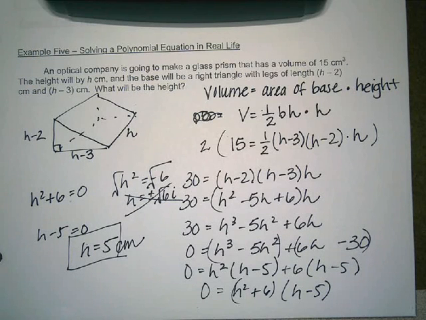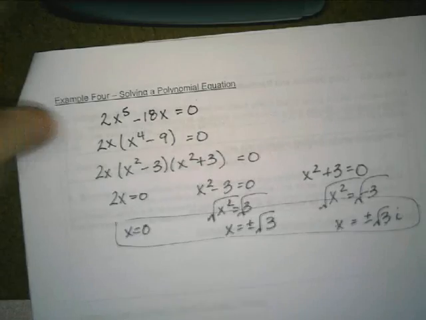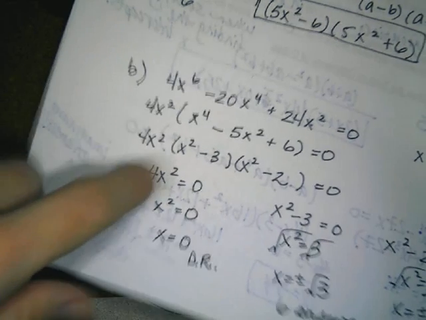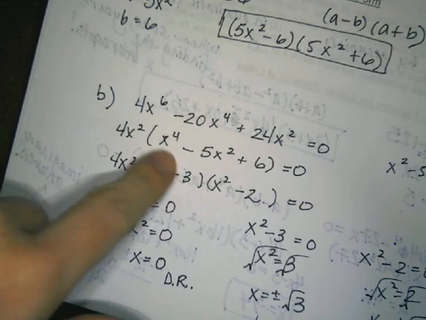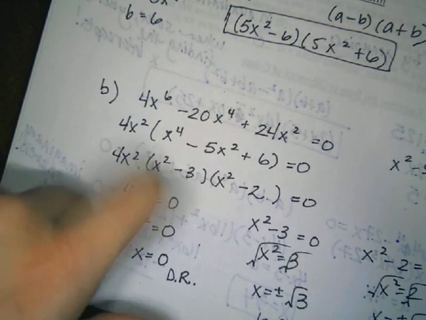Okay. So tomorrow we will be working specifically on these types of problems with 4 terms. We'll be working a little bit more with difference of squares, even though we've gotten some practice on that. And then what we call quadratic form, which are ones that kind of look like quadratics even though they're not, but we can factor them like we would quadratics because they follow the same pattern.